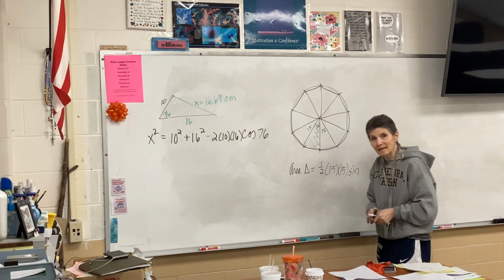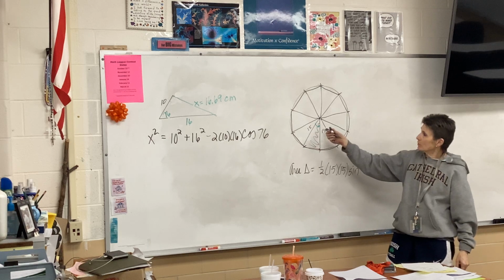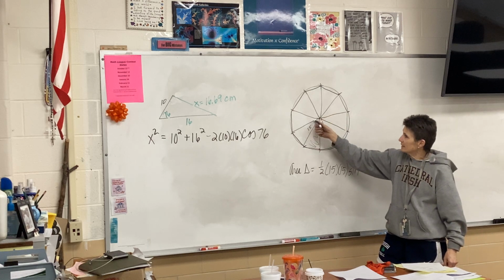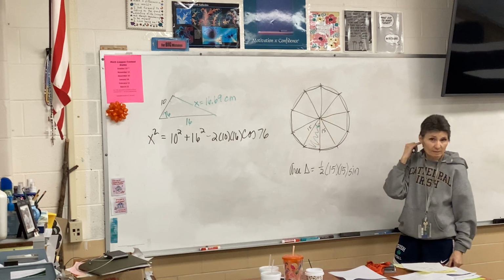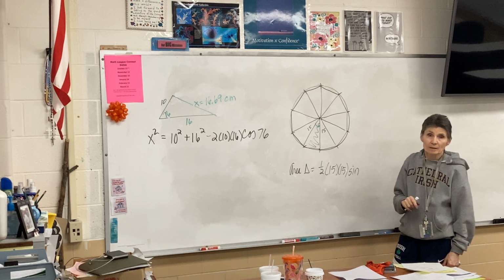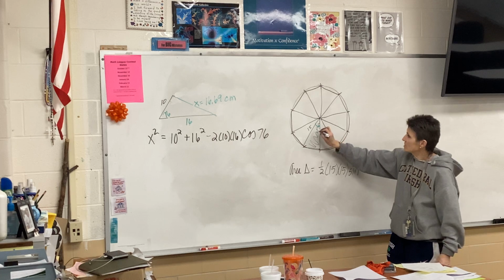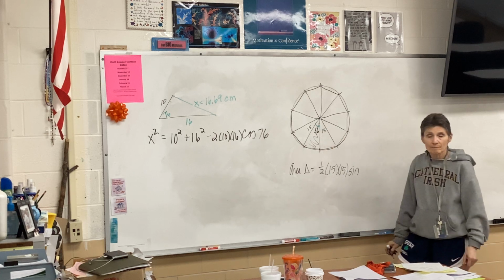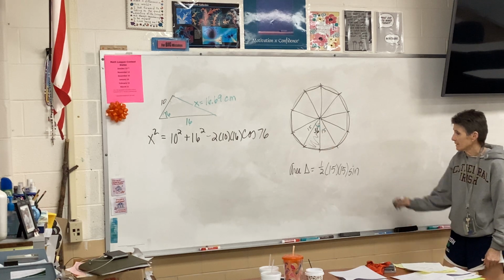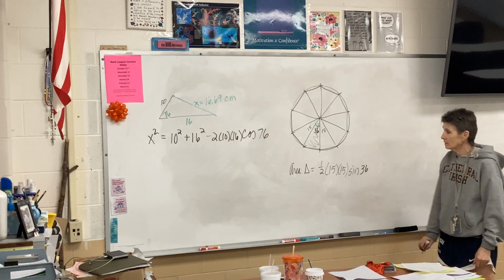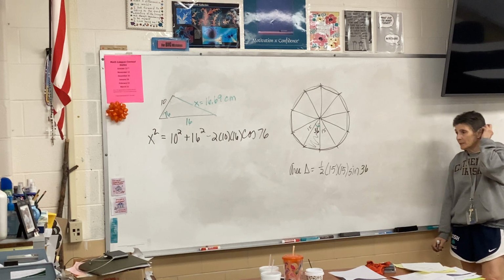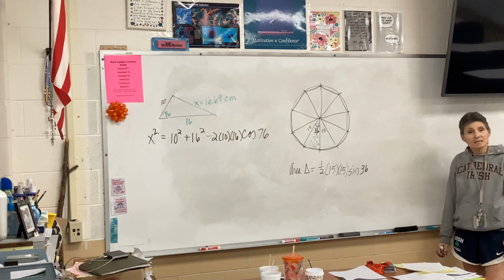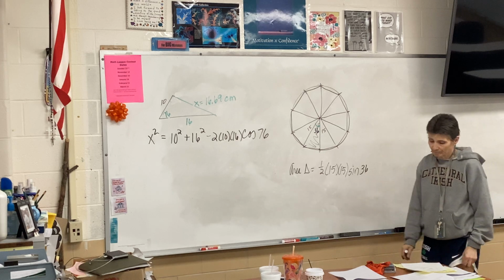How am I going to find that angle? Well, I know that all of these added up make 360. There's 10 of them. So each one has to be 36. So my area of my triangle is 1/2, 15, 15, sine 36.